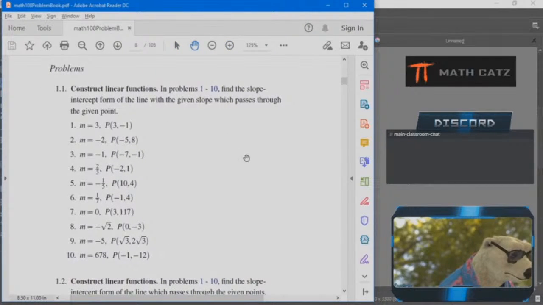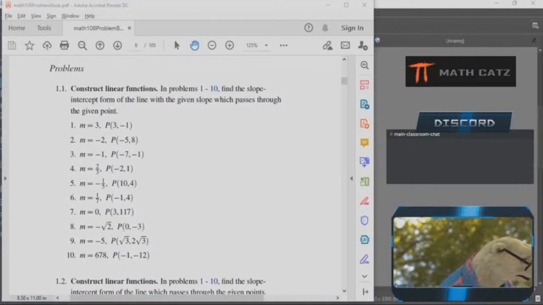Okay. So we want to construct the linear function, and the linear function is necessarily going to be the slope-intercept form. It says, find the slope-intercept form of the line with the given slope, and it passes through the given point. So let's do it.